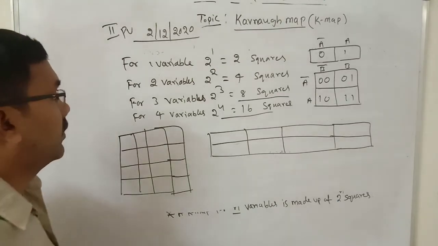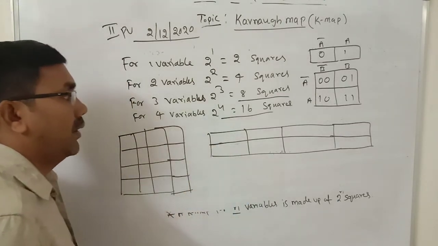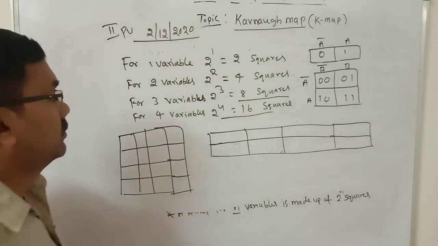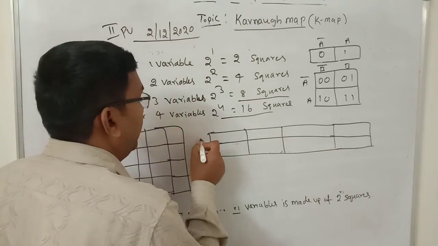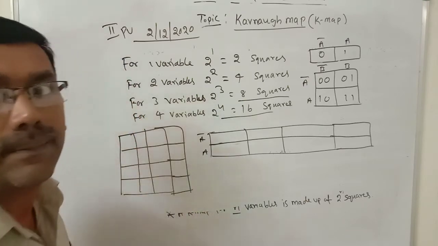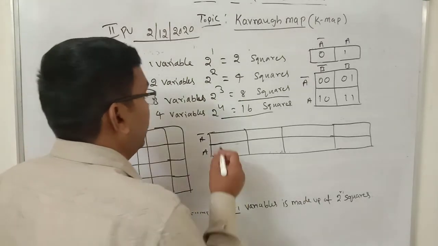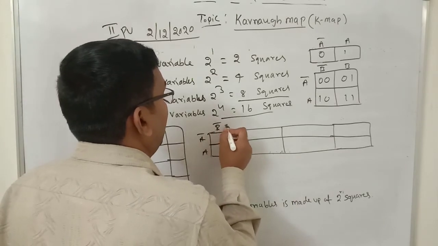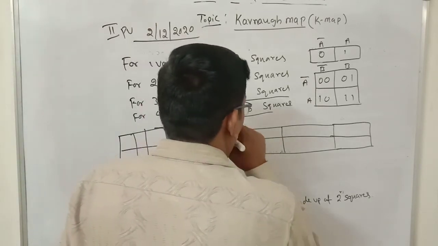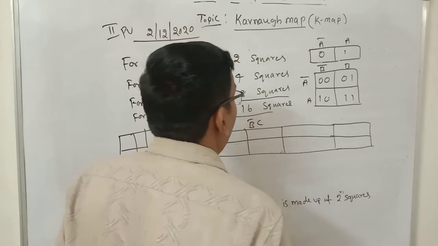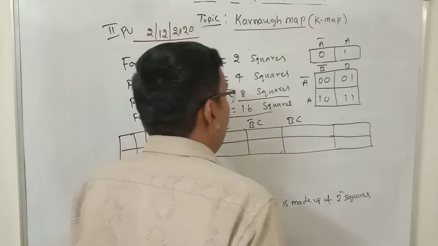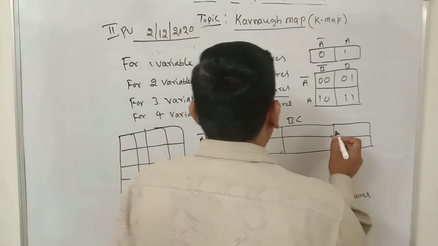Similarly, here you can write A bar, A, BC: B bar C bar, B bar C, BC, BC bar, with 0 0, 0 1, 1 1, 1 0.